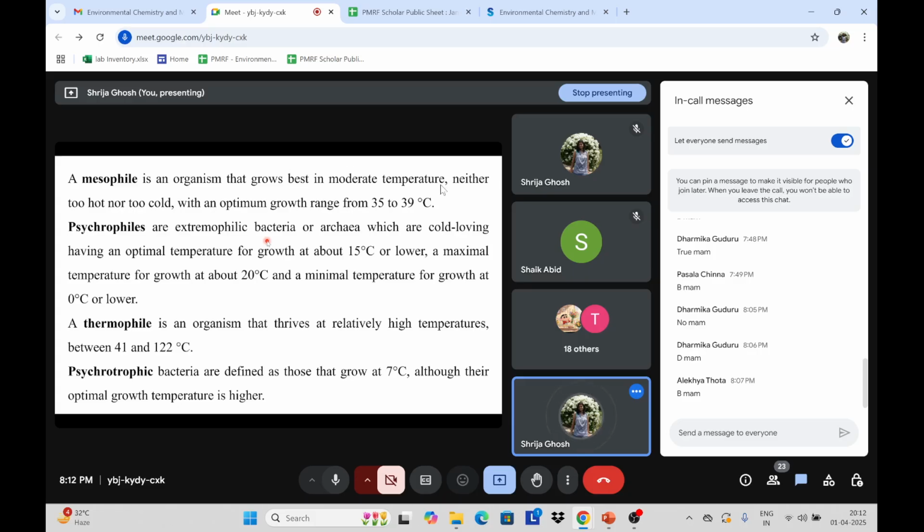So it can tolerate the colder temperature, but the optimum growth will be at the higher temperatures only. So these are the four terms. Is it clear to everybody? Let me know if you have a doubt.